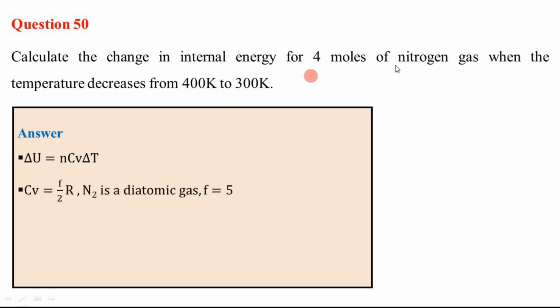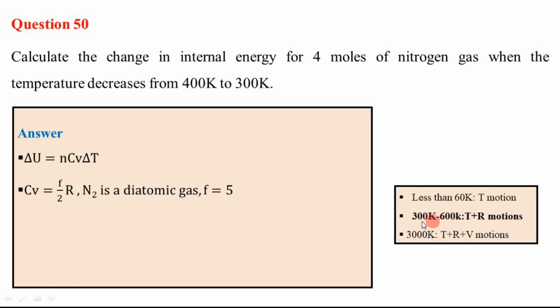We have nitrogen gas, which is a diatomic molecule. That means we need to consider that F is equal to 5 at this temperature. The temperature given falls in this category. That means we are at room temperature. The degrees of freedom which are active are only the translational and rotational motion, which add up to 5.